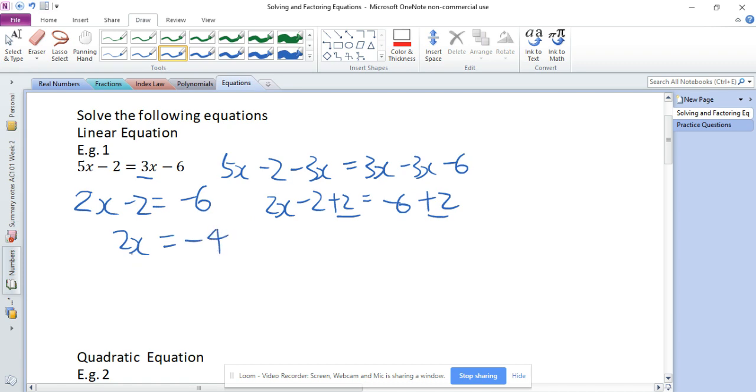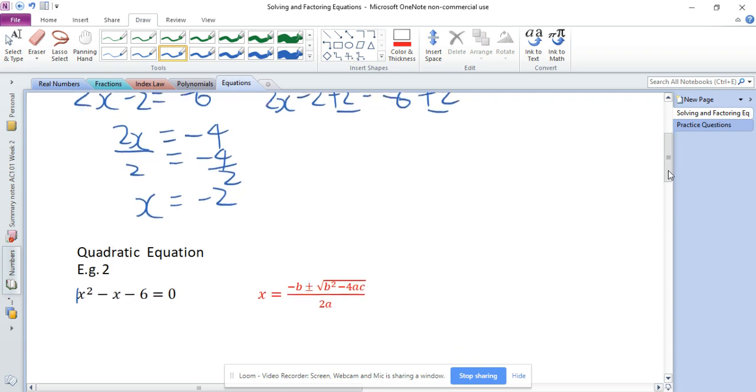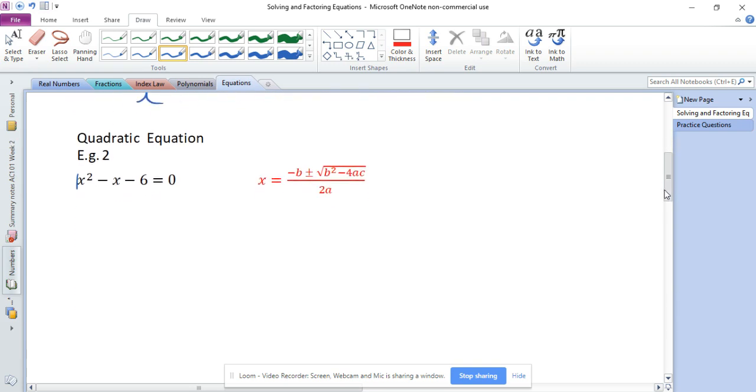Last step, here I need 1x, not 2x. So I need to divide by 2, because here is 2, so I divide both sides by 2. So x is equal to minus 2. That's it for this question. So that is the way to solve a linear equation.